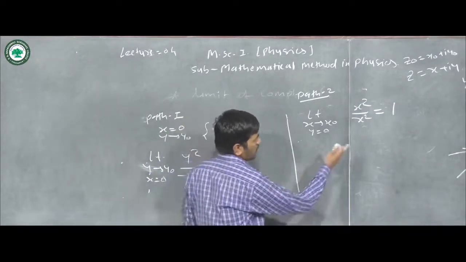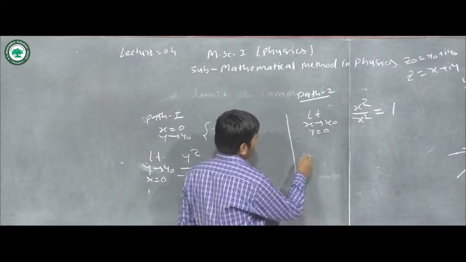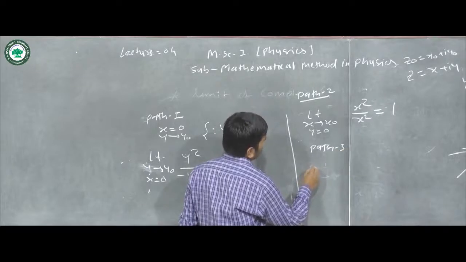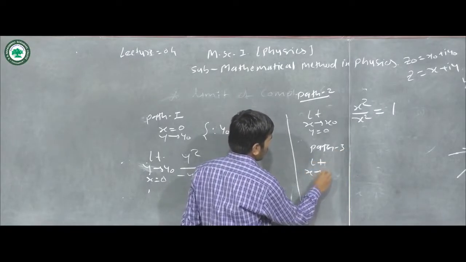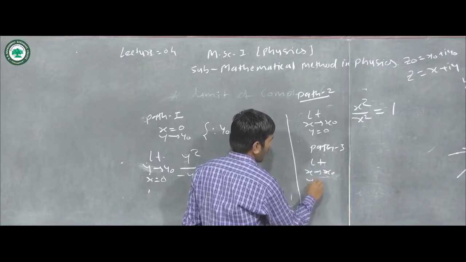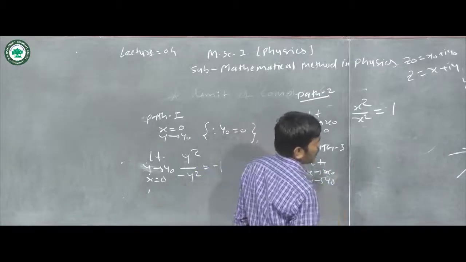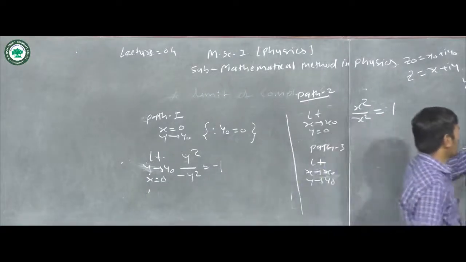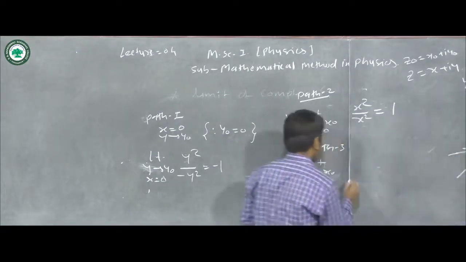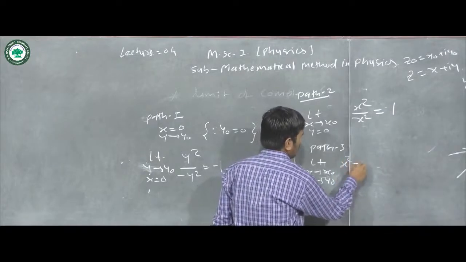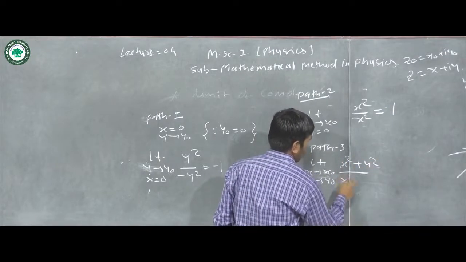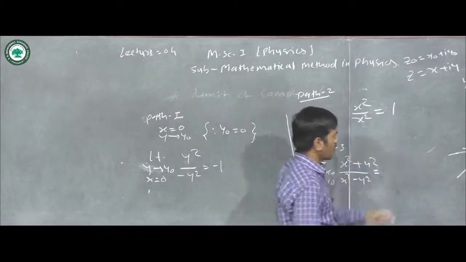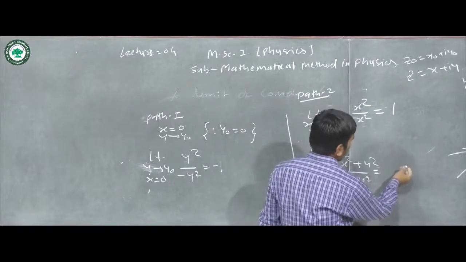If we consider the third case, path third, the limit as x approaches x naught and y approaches y naught, if I put y equal to m times x into the equation x square plus y square over x square minus y square, I replace y with m x.